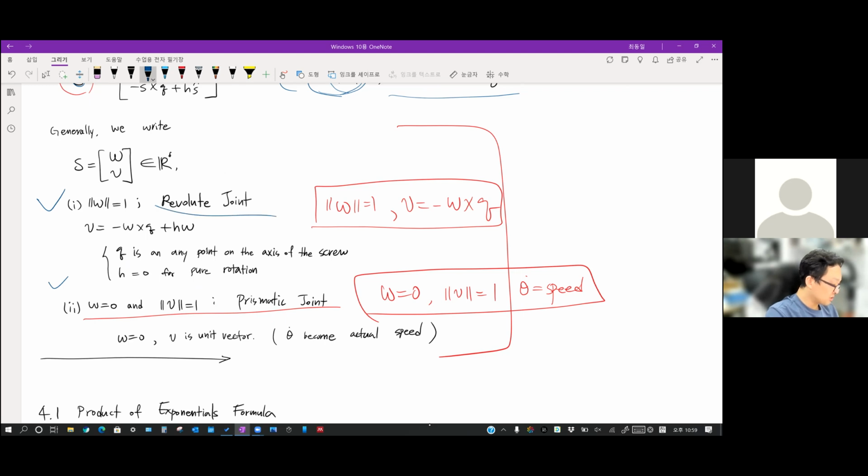For the revolute joint, the size of omega equals 1 and h usually equals 0 because it is pure rotation, meaning there is no pitch. The second case is the prismatic joint. In this case, omega equals 0 and the size of V equals 1, and theta dot becomes the speed of the prismatic joint.